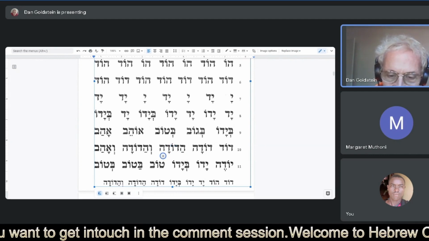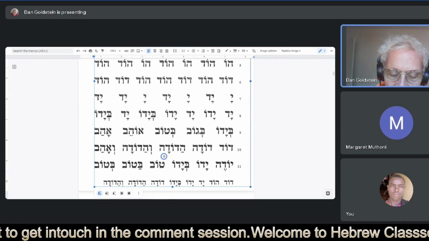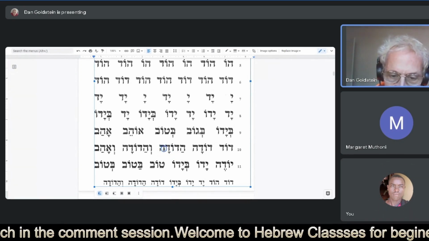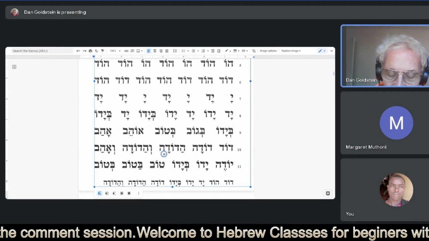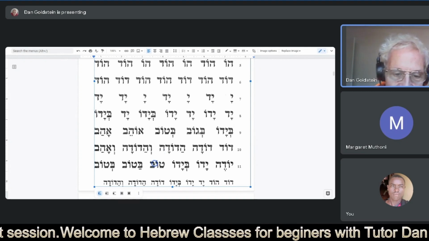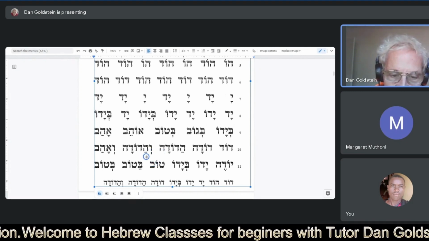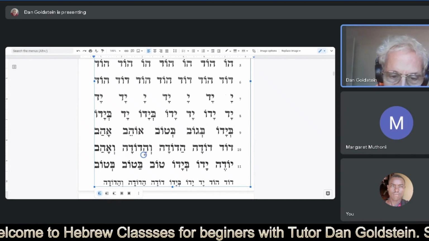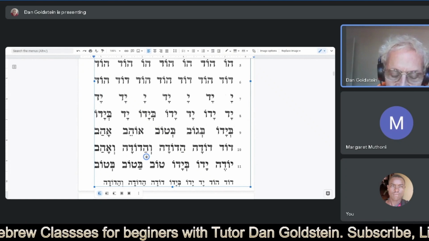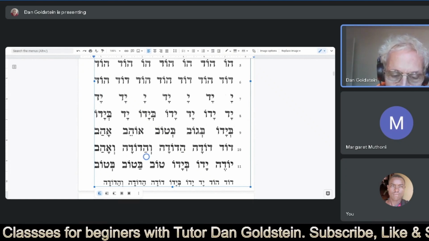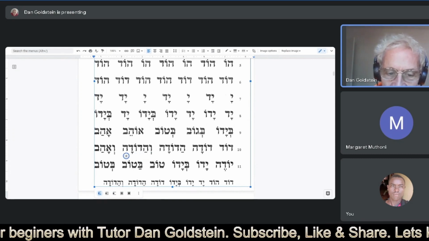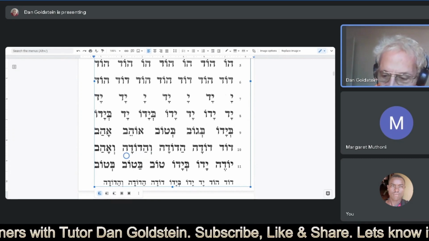And da is the third syllable, closed because it ends in a consonant, the he, even though it's a silent consonant. Our question is with the shva, and in this case it's vehadoda, and the aunt. Veha is the first syllable, and it's an open one. Do is the second syllable, an open one, and da is the third, closed.